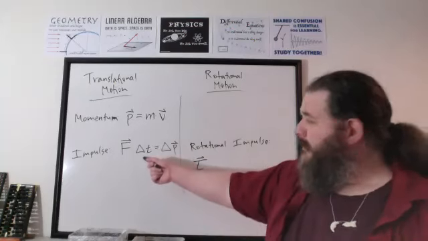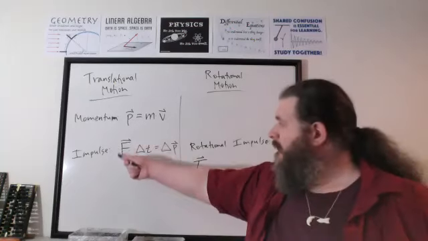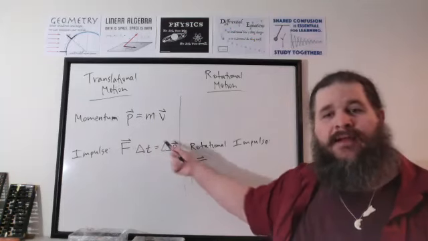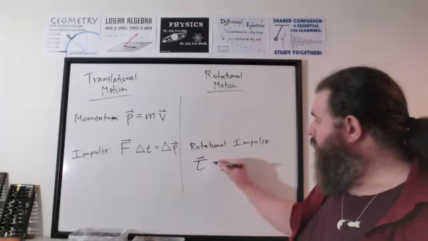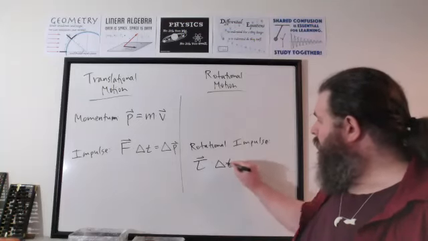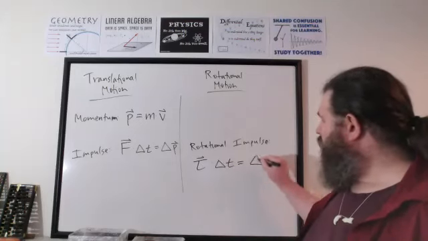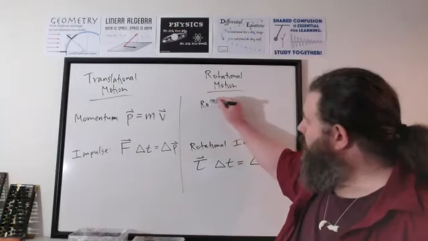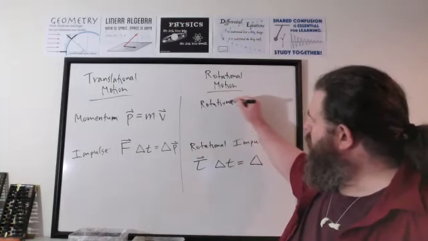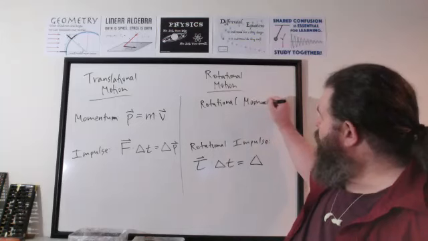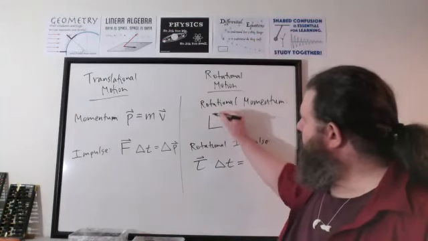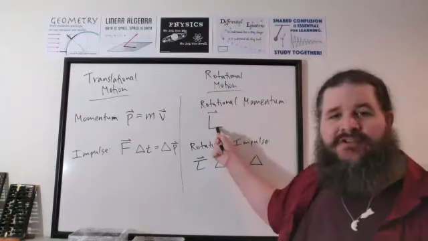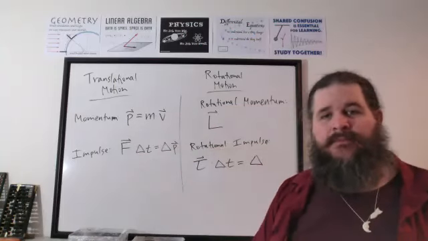But we should be able to set up a very similar structure. You apply a force for some amount of time, that causes a change to the translational momentum. You apply a torque for some amount of time, that should cause a change to the rotational momentum, which we generally designate by a capital L. So this is the rotational version of translational momentum.